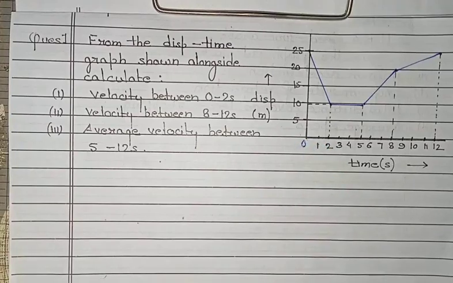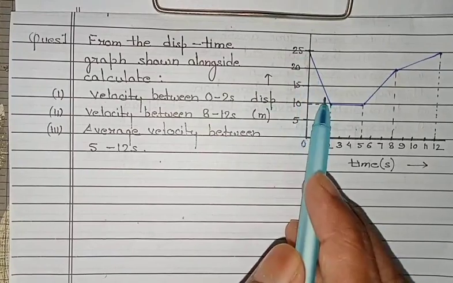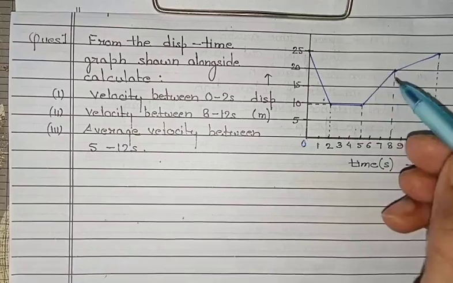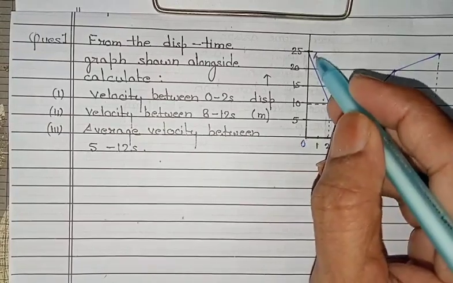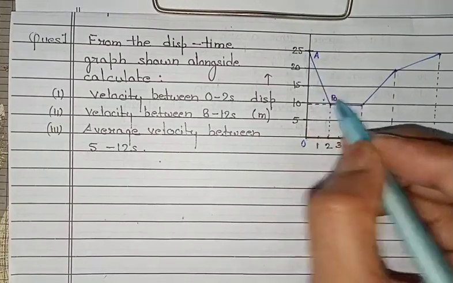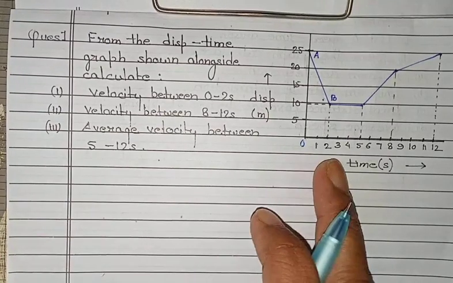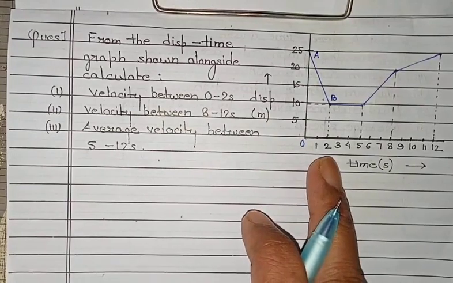In between 0 to 2 seconds, you are getting this sketch. So what you need to do is find the slope of this sketch. Slope of this sketch will give you velocity in the time interval 0 to 2 seconds.